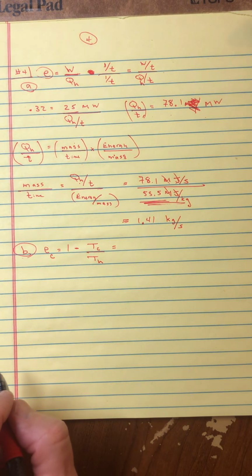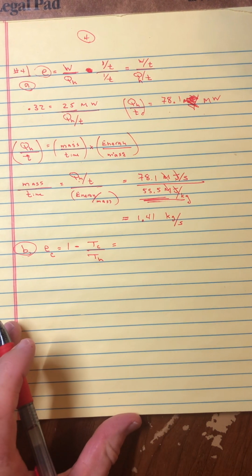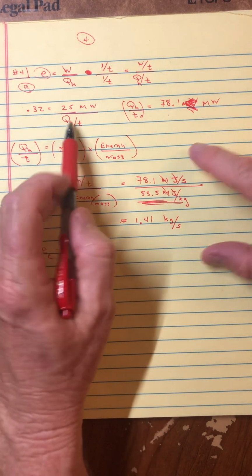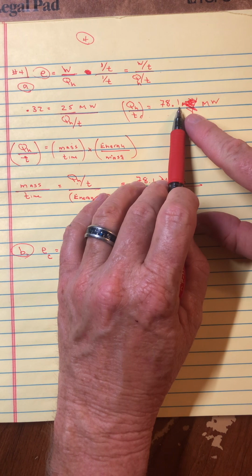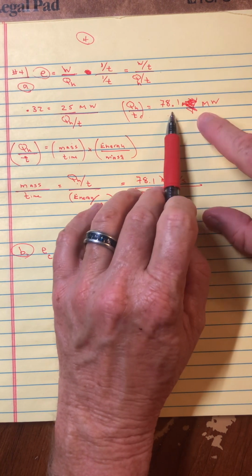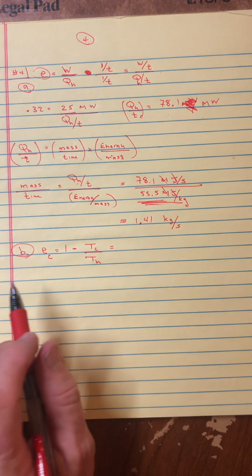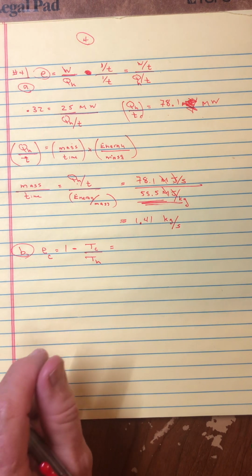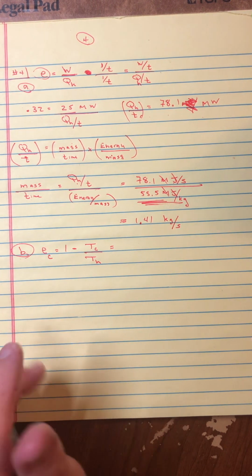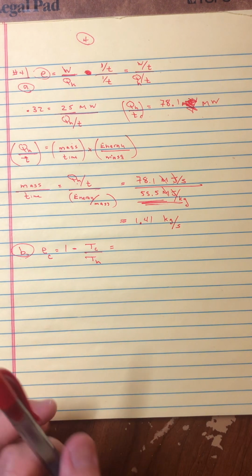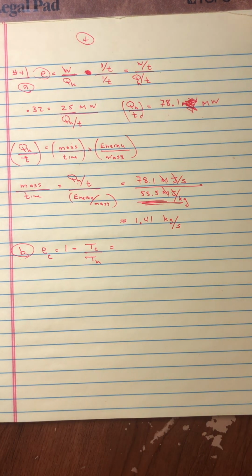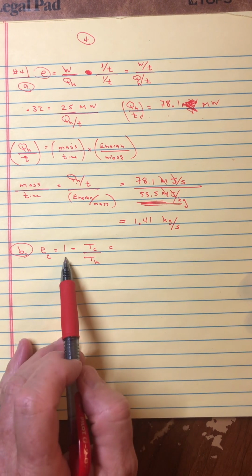Because of the second law of thermodynamics, we know we'll never be able to switch all 78.1 megawatts of heat energy into electricity. But at least as an engineer, we have a goal we should be shooting for, and that's the Carnot cycle. And if we do something other than the Carnot cycle, we may get less efficiency.